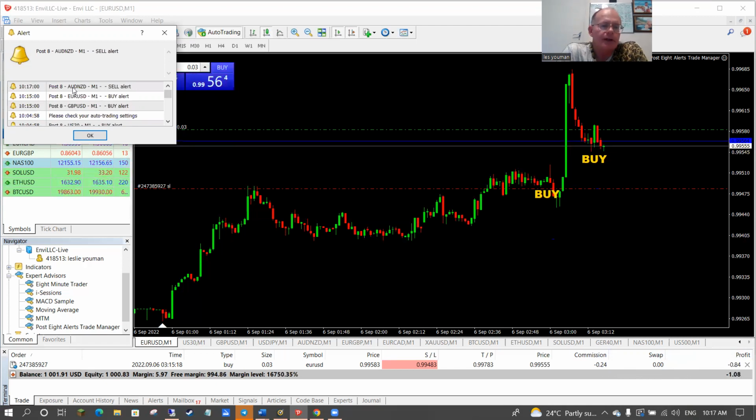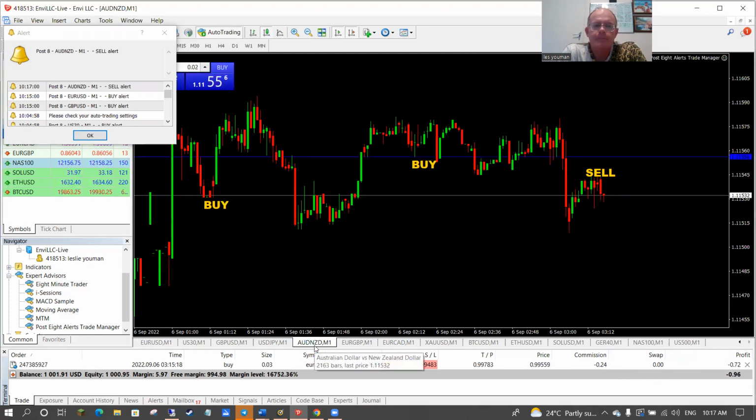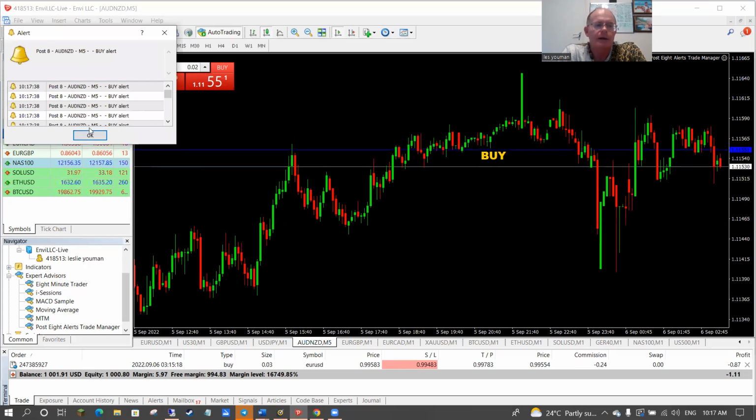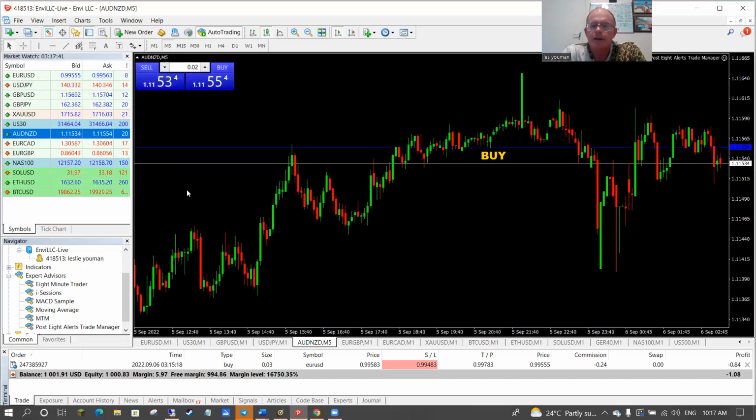So I've just had another alert come through on AUD NZD. So let's go to that pair. Okay, so it's a sell alert. What are we looking like on the 5 minute? So it looks like the market's been trending up.